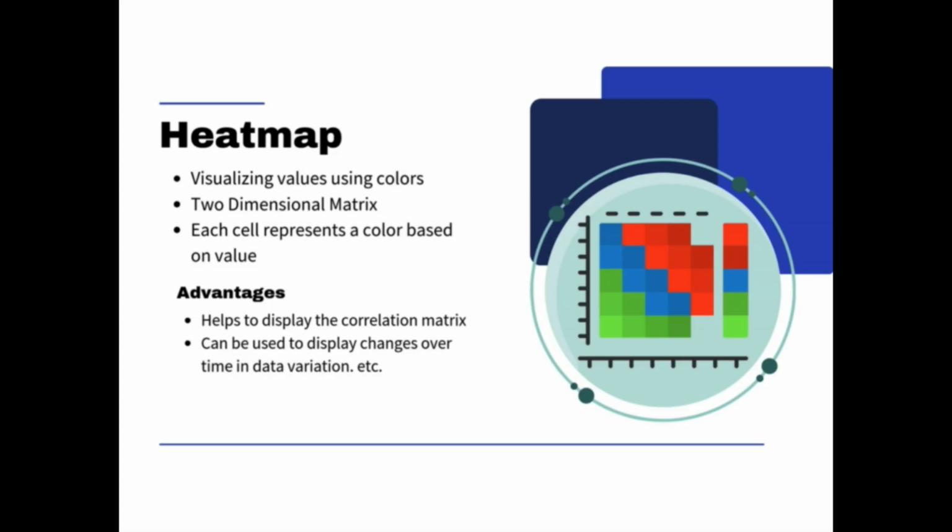So what are the three points we have? First is visualizing values using color, and it's a two-dimensional matrix, and each cell of this matrix view represents a color based on the value.